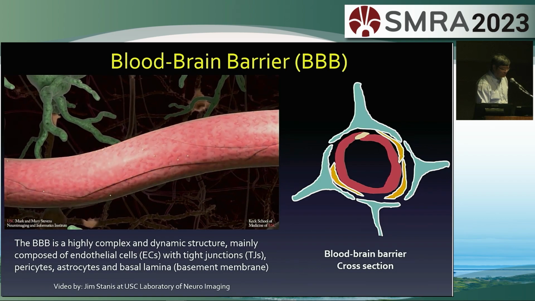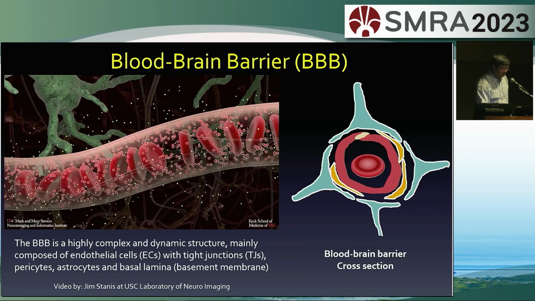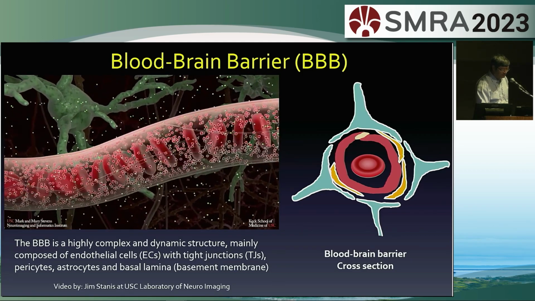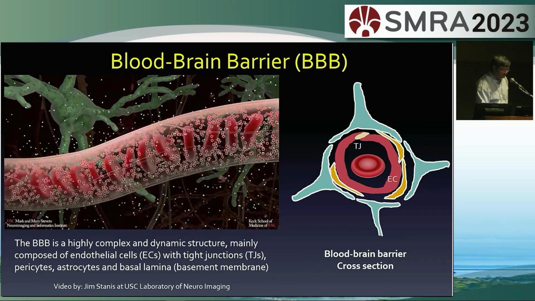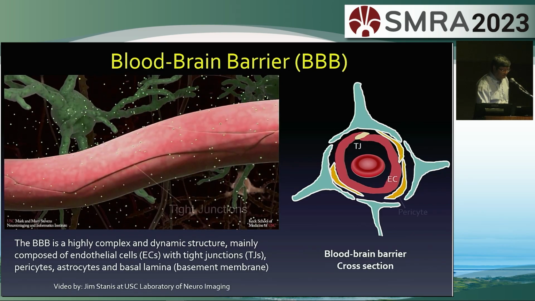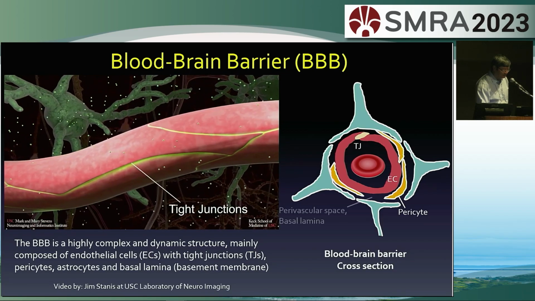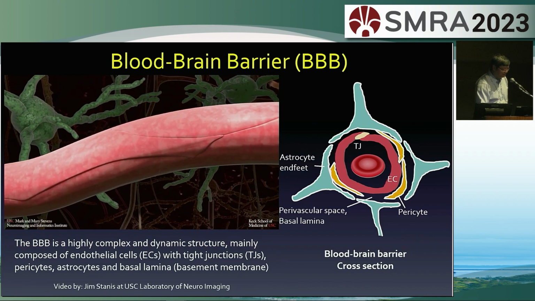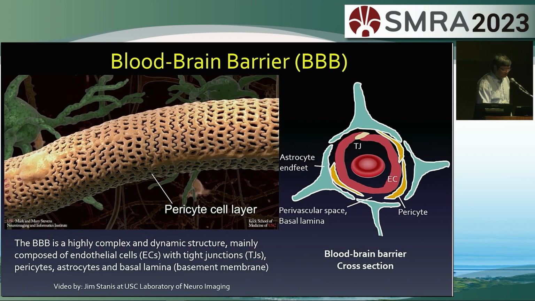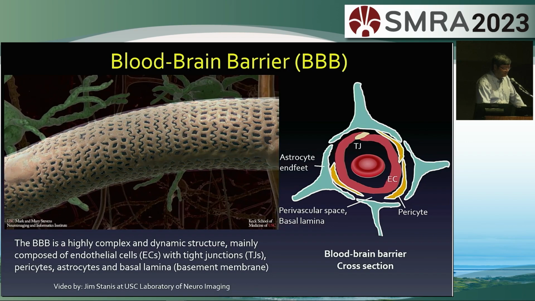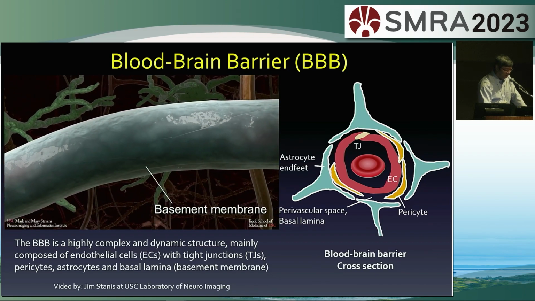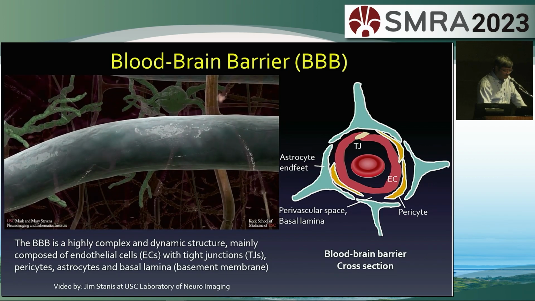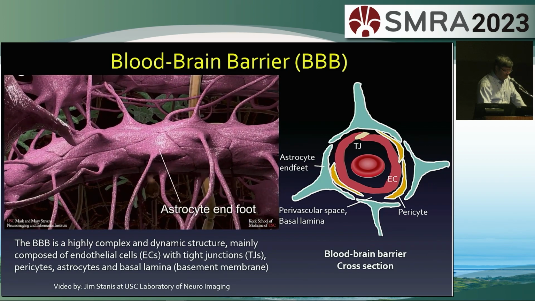For example, the inner layer is the endothelial cells with tight junctions, and then we have the pericytes and the basement membranes, and then there are the astrocytes and the foot processes. This is to protect the brain, the central nervous system, from toxic materials, and maintain equilibrium.